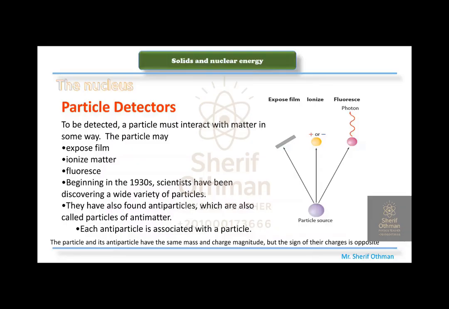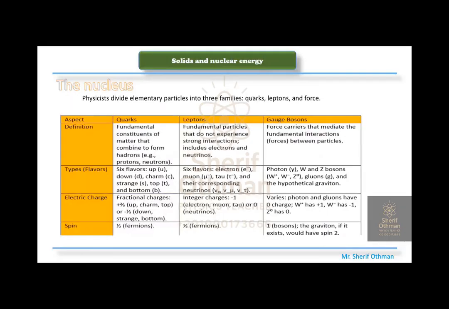A positron has the same mass as an electron but has a positive charge. And scientists found that the nucleons themselves are formed by smaller particles, like quarks and leptons, or even something called force carriers, called gauge bosons.